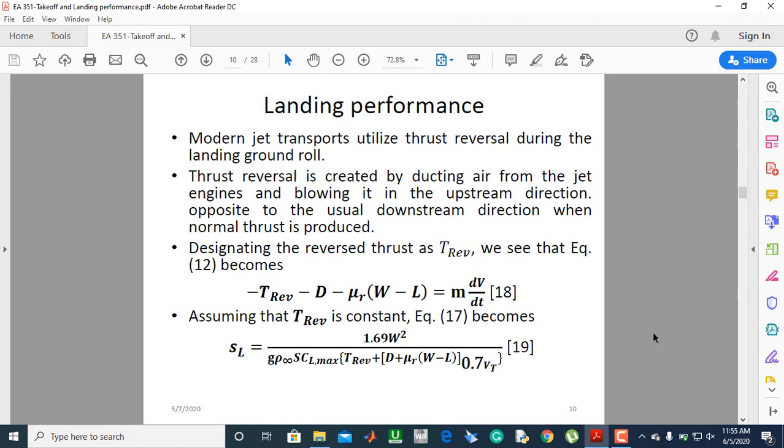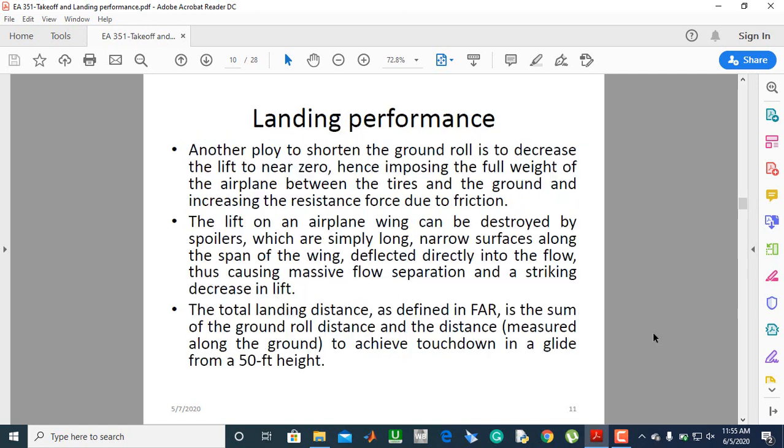Then if the density is higher, SL will reduce. Also, if the weight is smaller, that is, if you are landing with an empty aircraft, implying you bent all the fuel, then you reduce this distance. Then the thrust, drag, and frictional force, these are constant. There's nothing much you can do to influence them. Okay, so hope this makes sense.